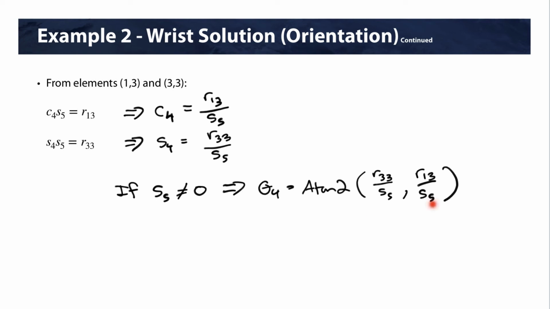Simply S4 and C4. This equation is only valid if S5 is not equal to 0. We'll come back in a few minutes to discuss what happens if S5 is equal to 0.